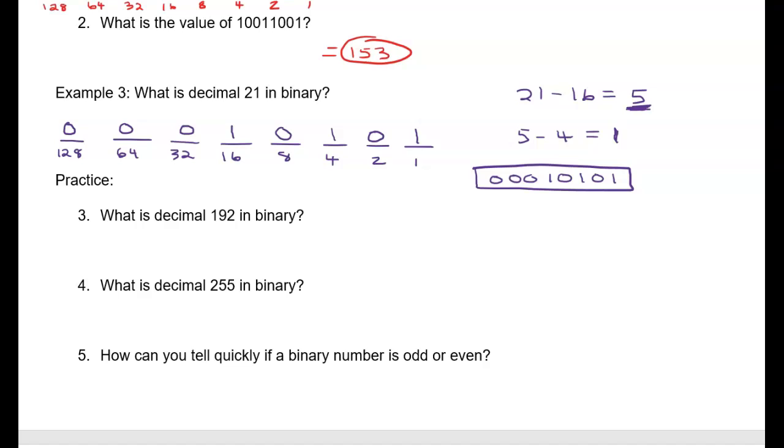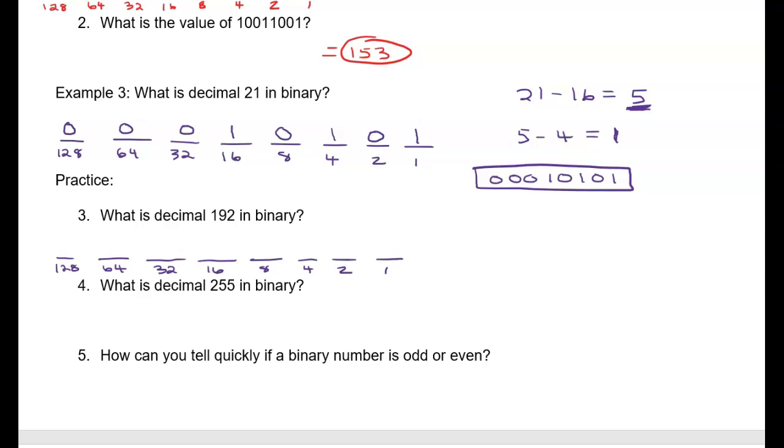And so now I want you guys to try and convert 192 into binary. And again, we can use that same thing. So we have a 128's place, a 64's place, a 32's place, a 16's place, an 8's place, a 4's place, a 2's place, and a 1's place.